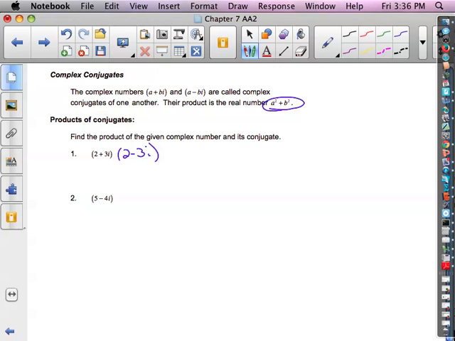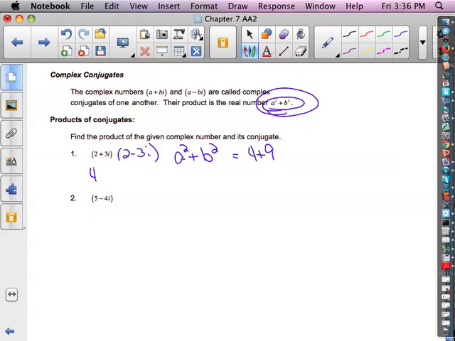So now you can FOIL this if you want, or you can go back to this rule that says I'm going to have a squared and then it's going to become plus b squared. So that's going to give me 4 plus 9. Now let's actually take a look at that and break that down and FOIL it.